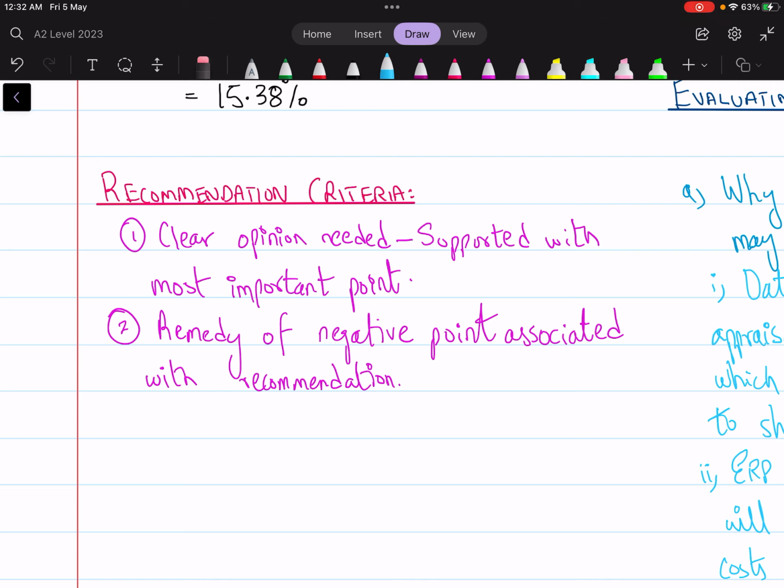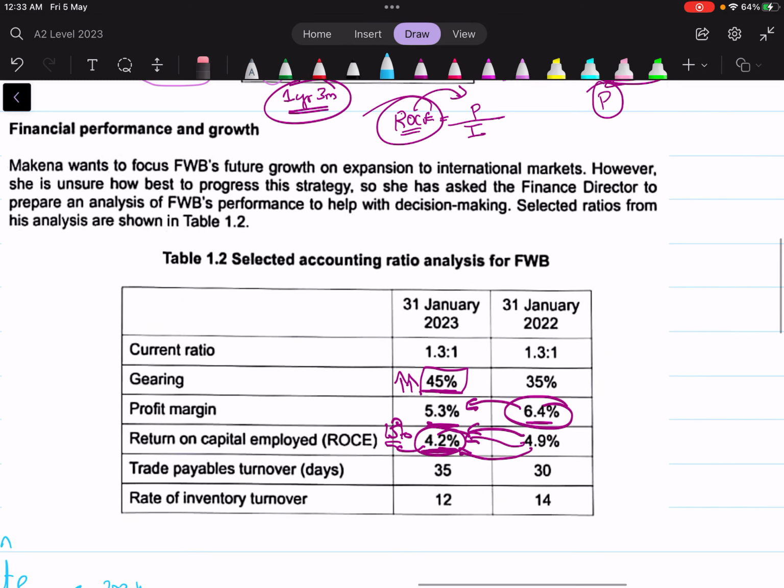Many students come up to me and they tell me that, sir, eventually FWB would have to shift to ERP because of the large size of the business and the potentialities of diseconomies of scale to arise as the business would grow in size. Because if you read the case study later on, it does indicate that the business has been planning on an expansion in the international markets as well.